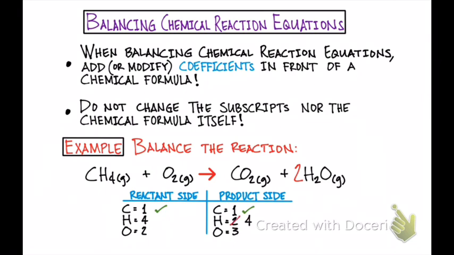So here we now have 4 hydrogens, because you can see that the coefficient 2 is a multiplier. So you're multiplying 2 by the subscript. So now we have a total of 4 hydrogens, and we do the same thing for oxygen. So again, 2 times 1, now we have a total of 4 oxygens.